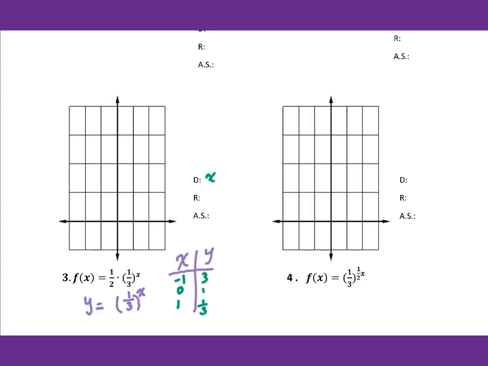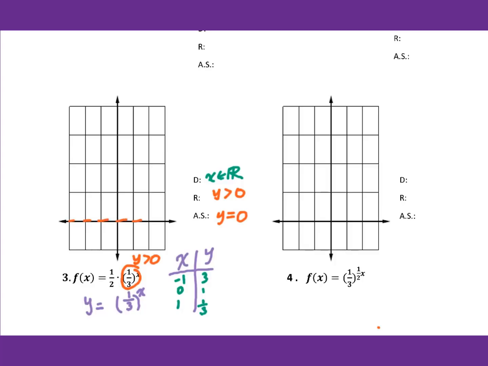Domain is all real numbers. Range. Whenever you say exponential form, make sure it's greater than 0. Then 0 times 1 over 2, still y greater than 0. Asymptote line will be y equals 0.